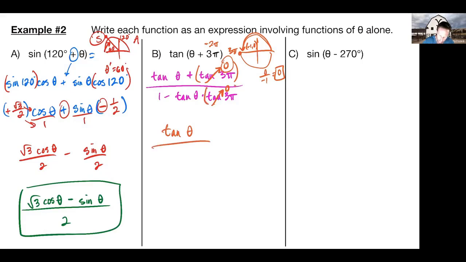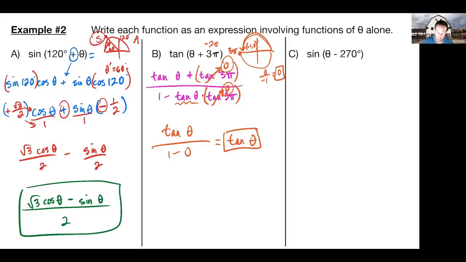And when we're multiplying by a 0, it will wipe out all of that. And so we'll have 1 minus 0 on bottom, which means our final answer to that is simply tangent theta. So that worked out really nice and clean. Hopefully you're able to come up with that before I did, and even went on to try part C.